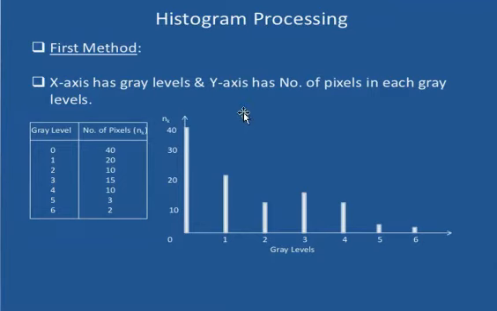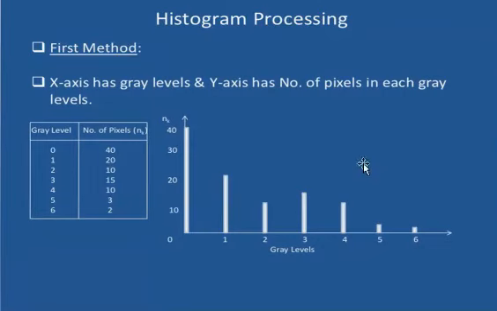So by seeing this, you can easily identify that in that image, how many pixels are there in total. So what is the image size? You can get that information also. And also among all the pixels, how many pixels are there with a particular intensity?